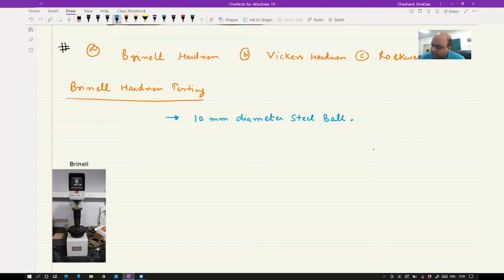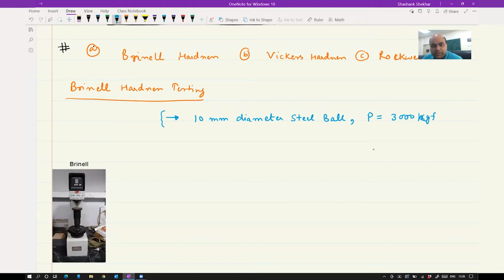Typically the load we apply is 3000 kgf. Kgf is kilogram force. For softer material the load can be reduced, but this is the standard: 10 millimeter diameter steel ball and 3000 kgf.